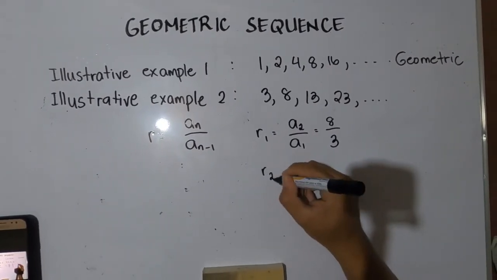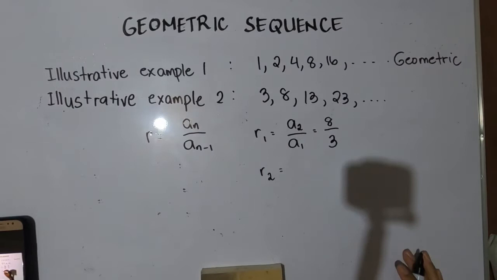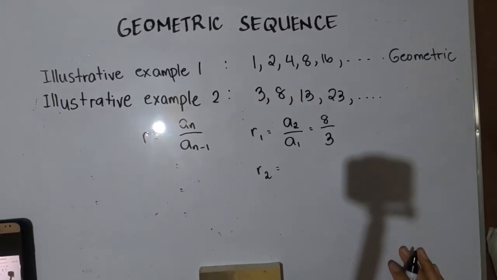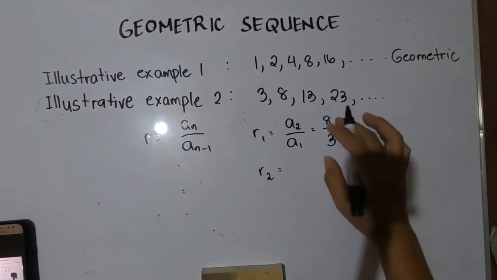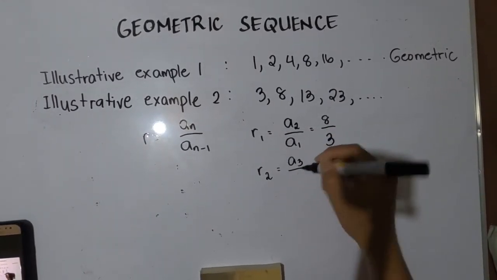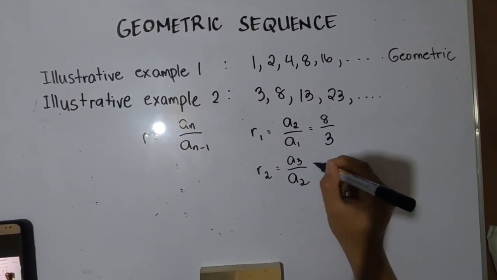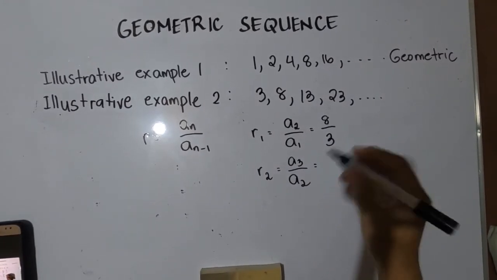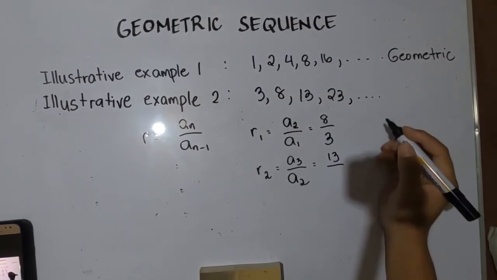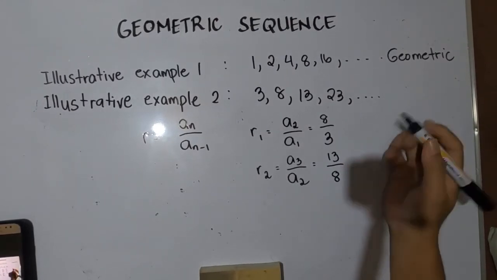Let's try to determine whether the third term and the second term have the same ratio as 8 thirds. The third term divided by the second term, by substitution, the third term is 13 and the second term is 8.